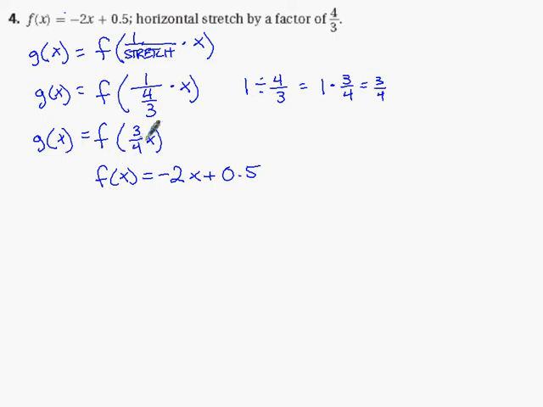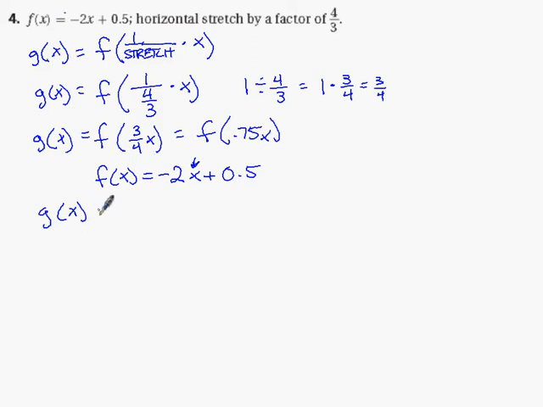Any place that I see an x in the original function, I'm going to put in 3/4 x. I could also make that 0.75, if you feel more comfortable with decimals.